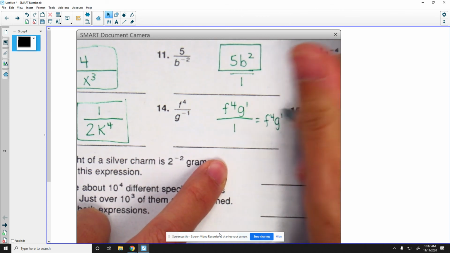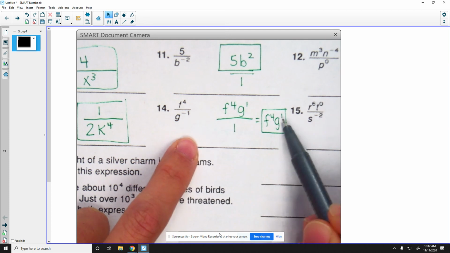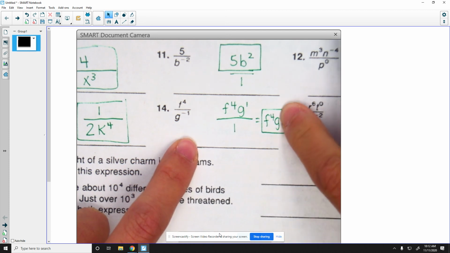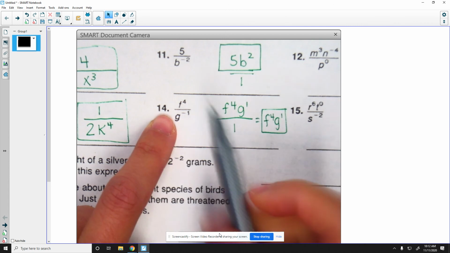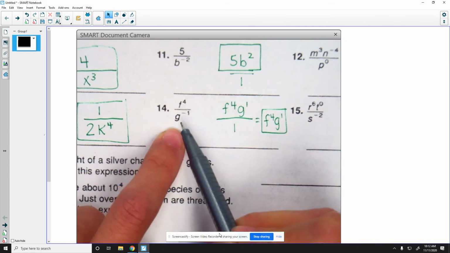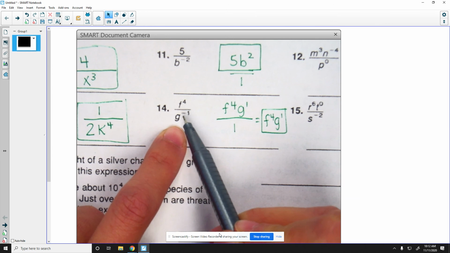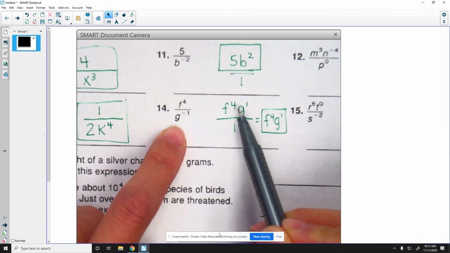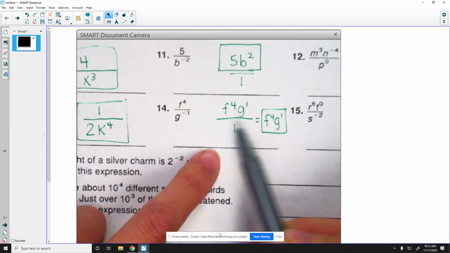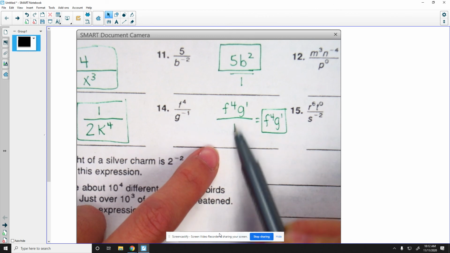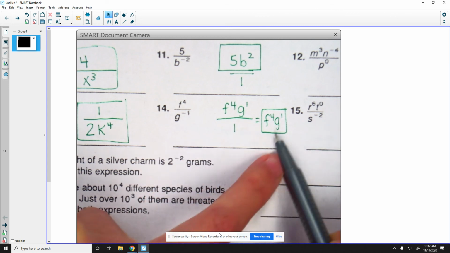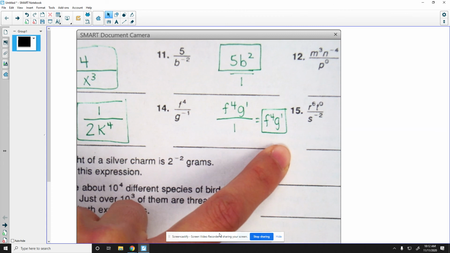So just F to the 4, G to the 1, or G to the 1 is the same thing as just saying G, right? You really don't even need the 1 power. So F to the 4, it was a positive exponent. It stays on top. G to the negative 1, it was a negative exponent, so you flip it. Since it was on the bottom, now it goes to the top. There's nothing left on the bottom anymore, so I could put a 1 or just realize over 1 is the same thing as just saying the whole number.